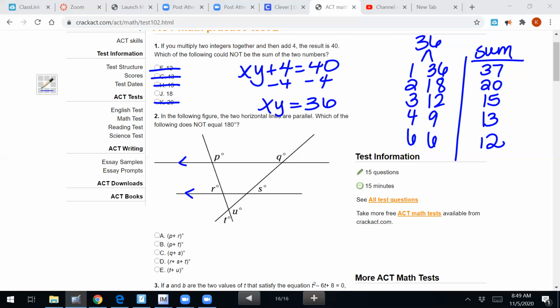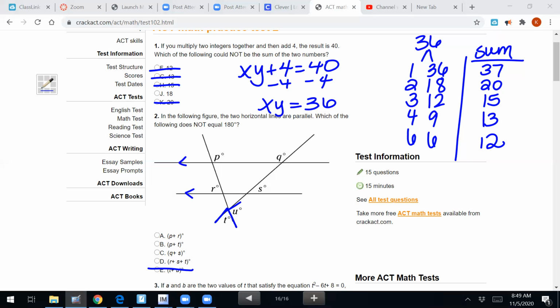They would equal 180. So if you look at this one, this is going to be 180 because they're a linear pair. They form a line together. So that one does equal 180. So U plus T is 180. So that one's not the option.